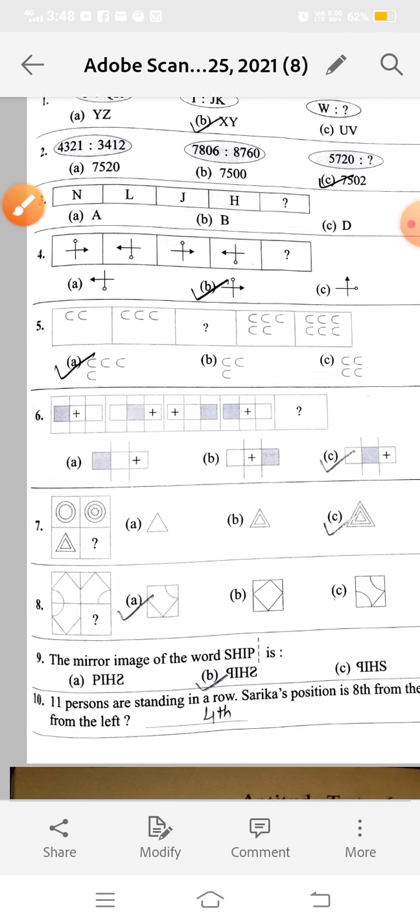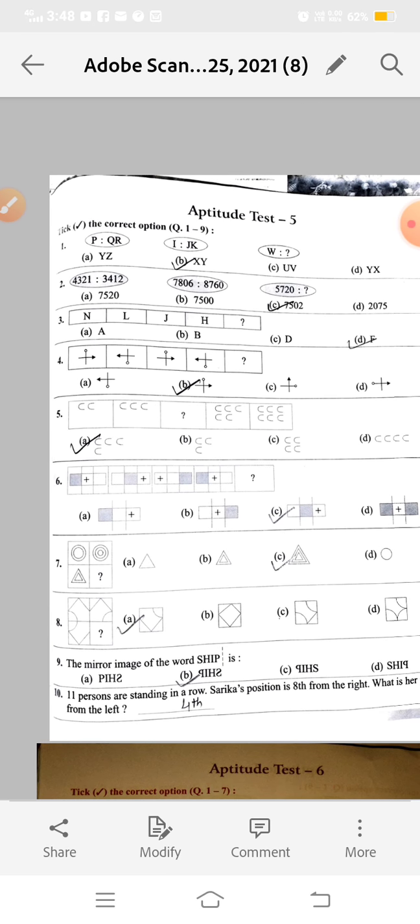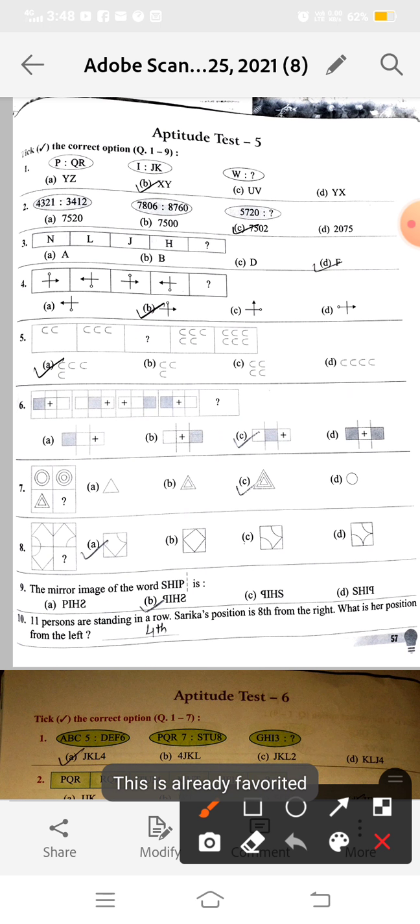Now question number 10. See, 11 persons are standing in a row. Sarika's position is 8th from the right. What is her position from the left? Okay, see, the answer is 4, fourth position. But how?